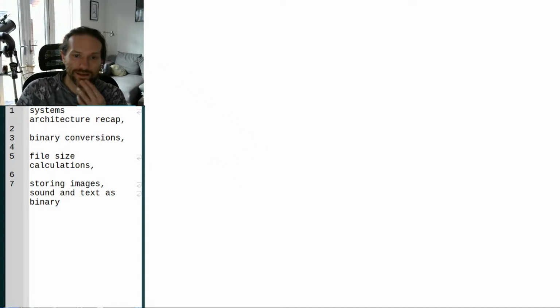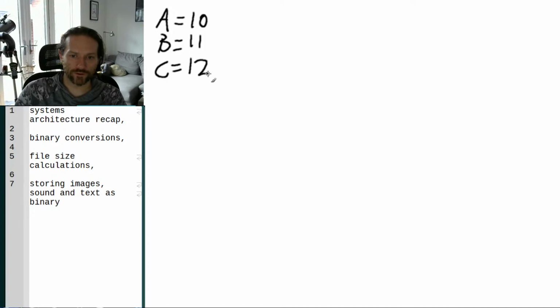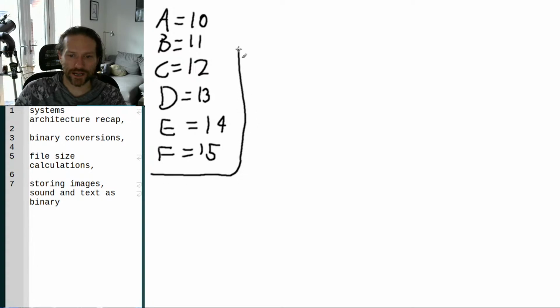Now, my top tip that I always give to all of my students, and they always seem to forget, is if you are doing a hexadecimal question, it is a good idea to just write down A equals 10, B equals 11, C equals 12, D equals 13, E equals 14, F equals 15. If you write that down at the side, then you have a quick reference table for those letters.